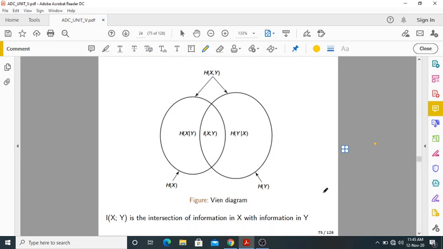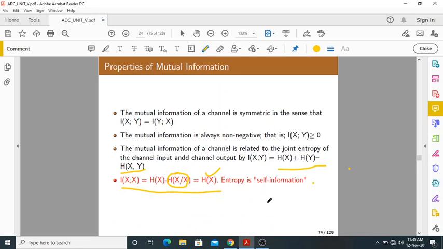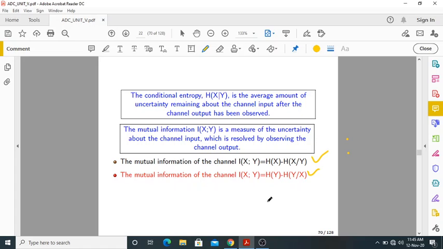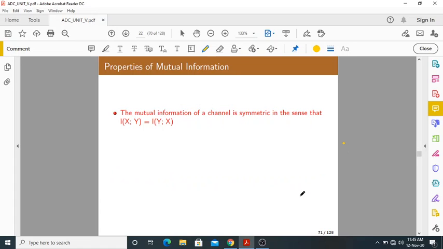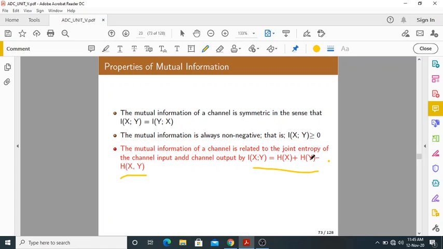Now this is the Venn diagram which depicts the three formulas of the mutual information. We had three formulas to find out the mutual information: these two and the last one is this one.